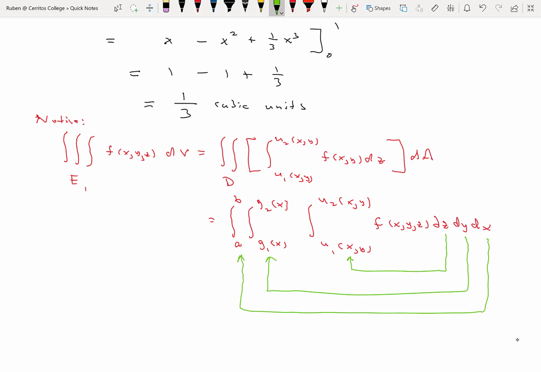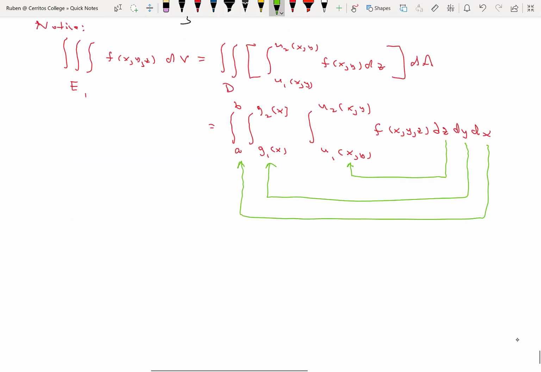So this is very, very common. If you integrate with respect to z, you'll have x's and y's in the innermost integral limits. If you integrate with respect to y, you'll have x in the limits, and the last one you integrate has constants.